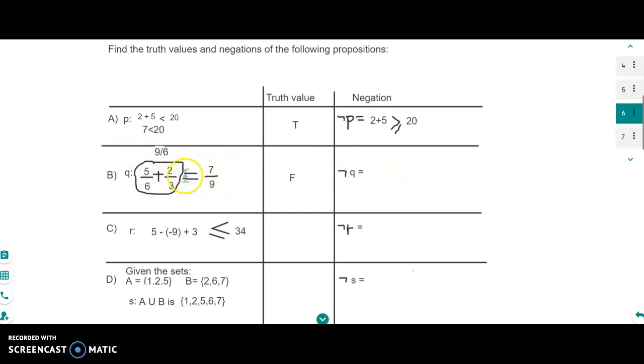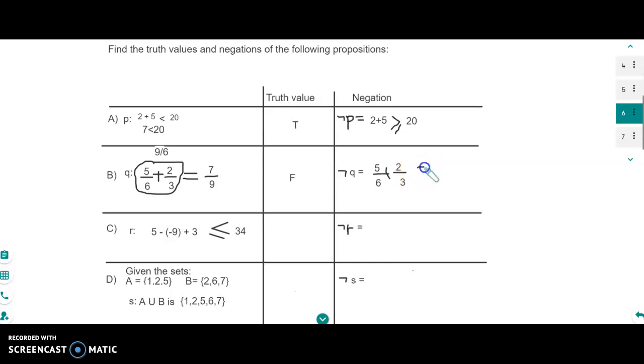And how can we find a negation for this? We write the same fraction. So we have 5 over 6 and here we have 2 over 3, with an addition. This is different to 7 over 9. How can we write the different sign?